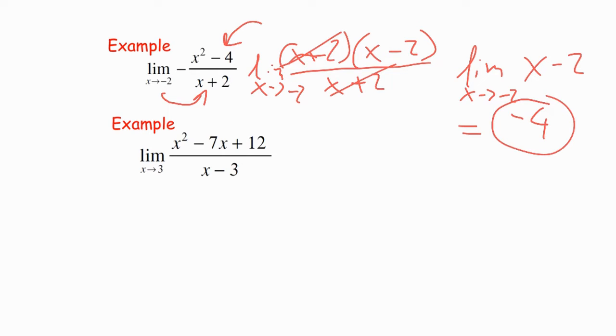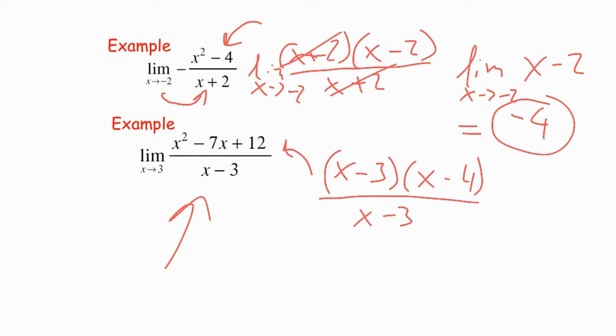Over here, for this one, what's the issue here? If you were to simply plug in 3, the denominator would go to 0, and that's a problem. So you need to again factor the top if possible, hopefully it does. 2 numbers that multiply to 12 but add up to -7 are -3 and -4. So we have x minus 3 and x minus 4 now, and the x minus 3's will cancel, but do not forget that's a limit.